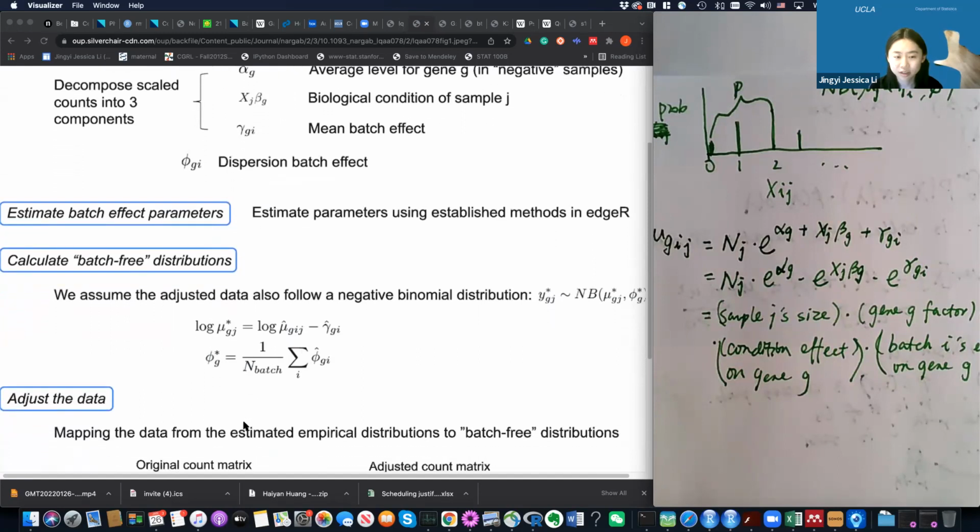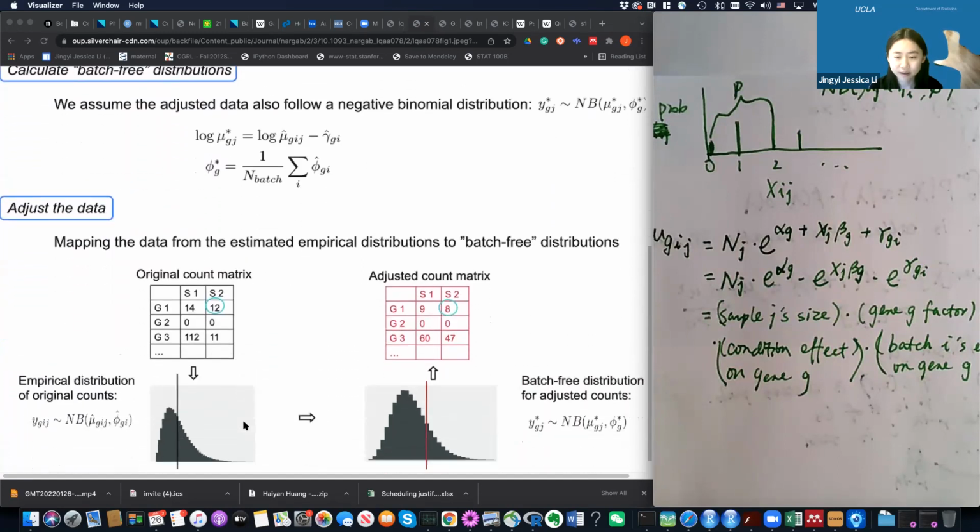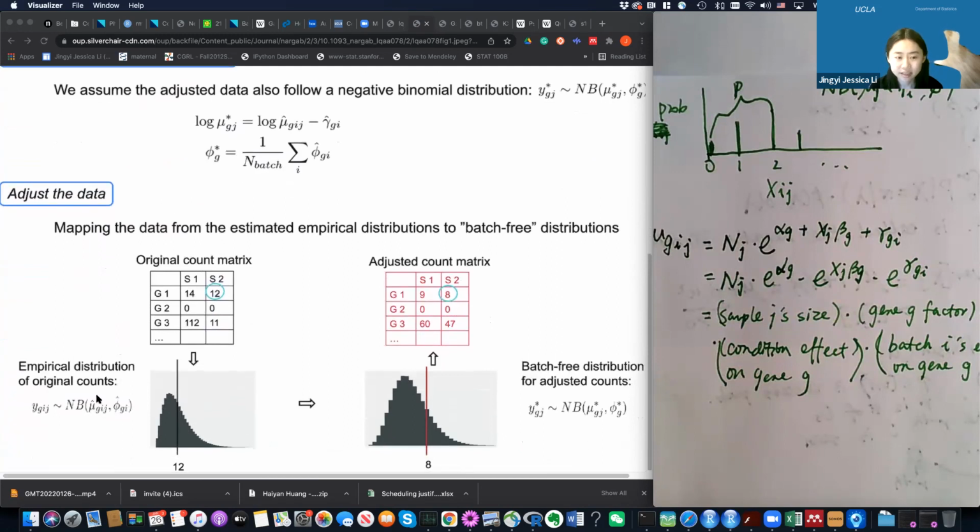As a result, for the negative binomial distribution, this is the original model, with this mu and this phi, with hats as the estimates. This is the adjusted one. What the authors are saying is that, let's say you have a count of 12.